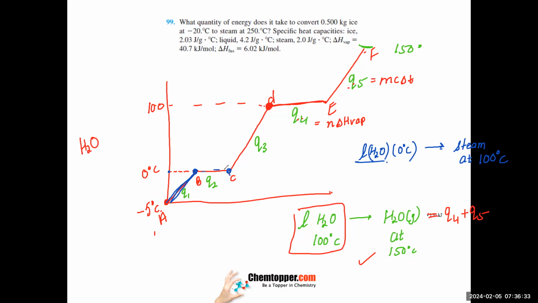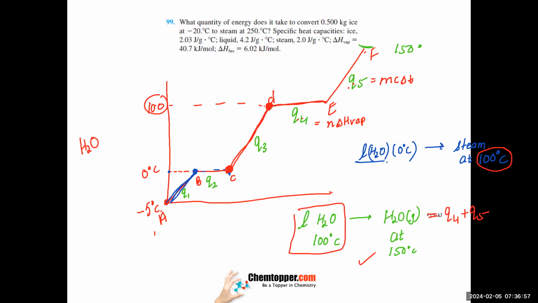Between B and C, solid and liquid. C is liquid. So you start from here. And what is D? D is at 100. So final temperature they are saying 100.